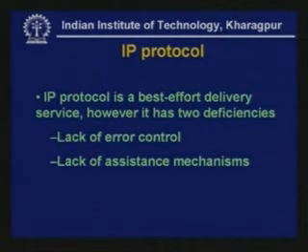One of the main drawbacks is that it is a best effort delivery service, but it lacks error control and assistance mechanisms. The point is this: since IP is best effort delivery, it is understood that at some point the effort may not be enough, and routers or other nodes on the network may have to drop packets, or packets may not reach their destination in time, in proper order, etc.